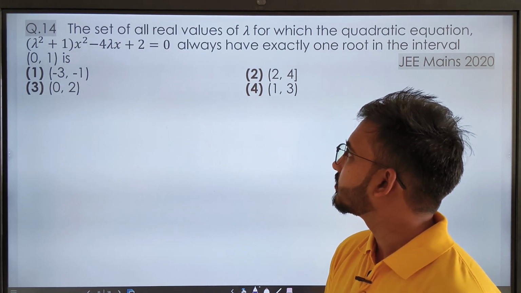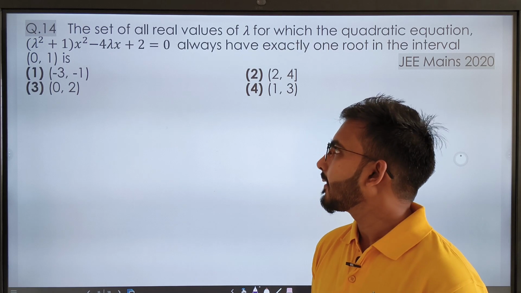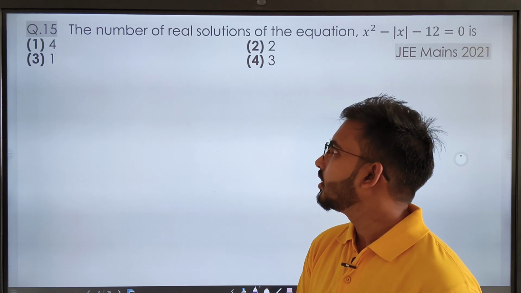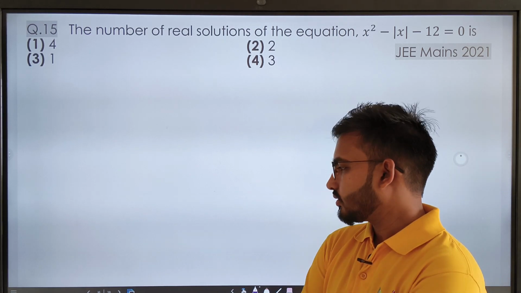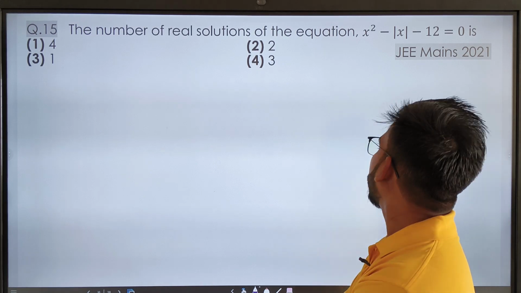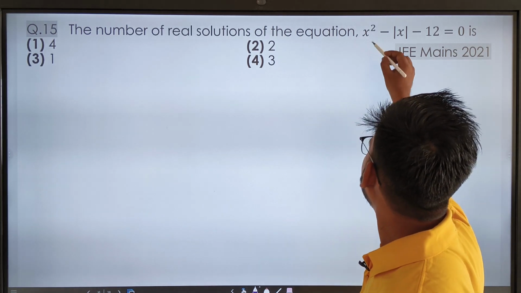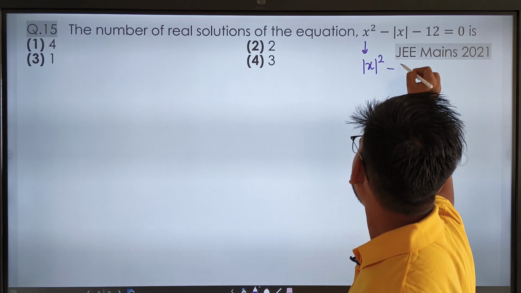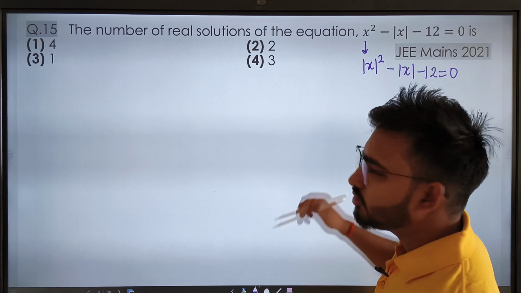Question number 14. Oh, it is modulus. In case of modulus, we can also do one thing. I can express this as mod of x square minus mod of x minus 12 equals 0. So you can also factorize.